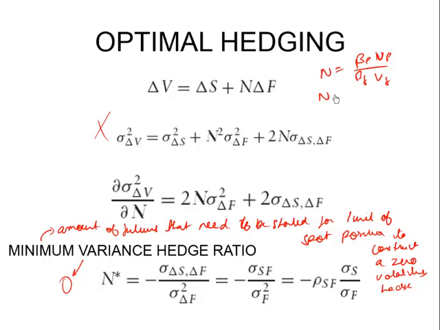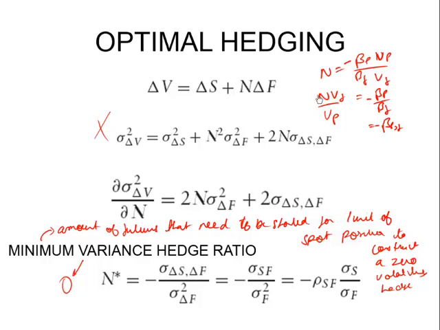If you take N into VF on the left hand side and we take value of the portfolio down below, this would come out to be beta P upon beta F, or we can simply write this as beta of the portfolio with respect to the futures. So beta, that is correlation into sigma S upon sigma F, that is the beta of the portfolio with respect to the futures, is also referred to as the minimum variance hedge ratio.